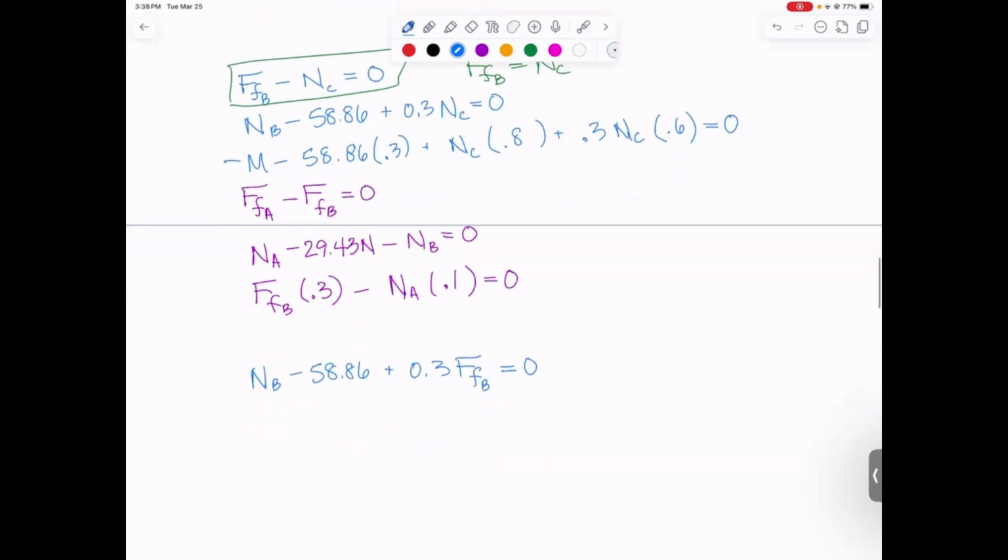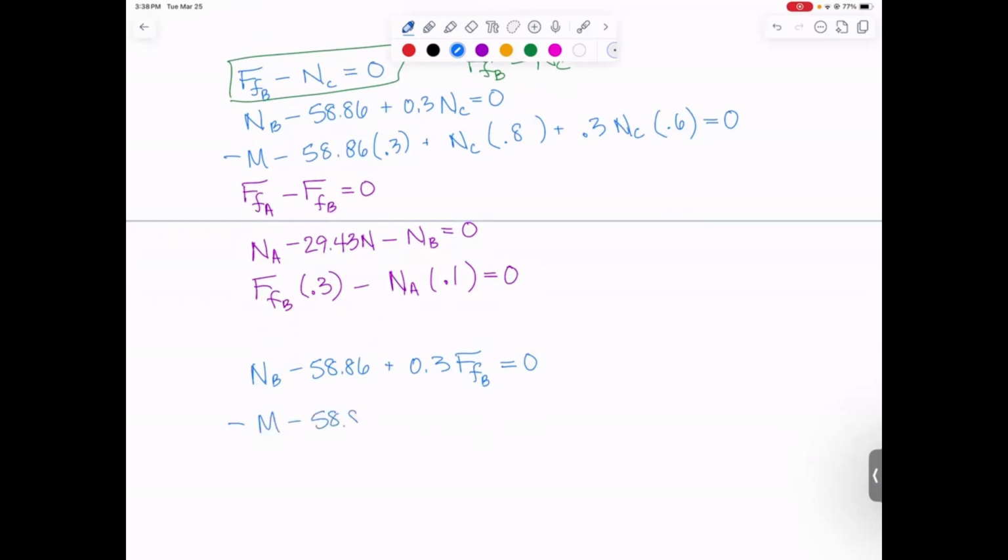That third equation will become minus M minus 58.86 times 0.3 plus, now NC, let's actually combine those 2 terms. We have 2 terms with NC in them. Those can be combined. So 0.8 NC and then 0.3 times 0.6. So this is plus 0.8 NC, but I'm replacing NC with force of friction in B equal to 0.